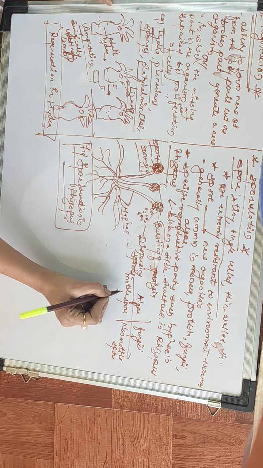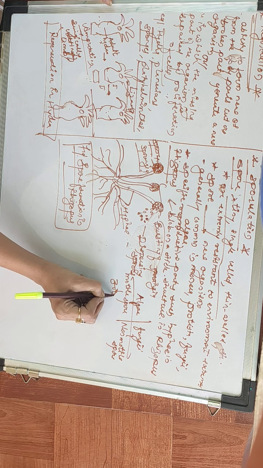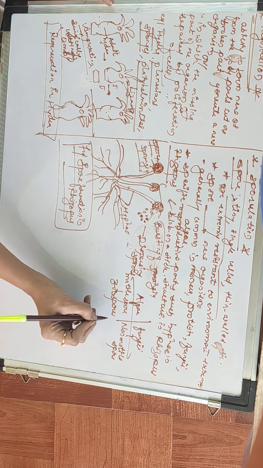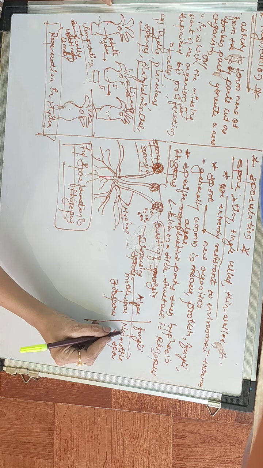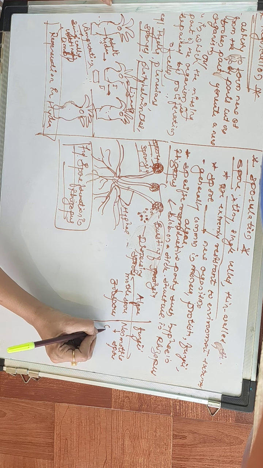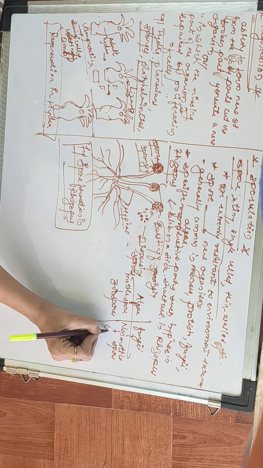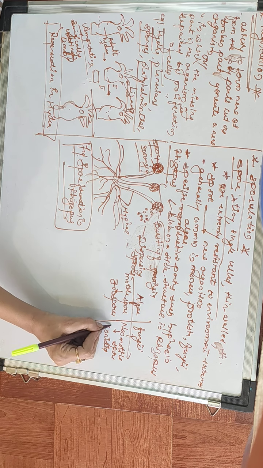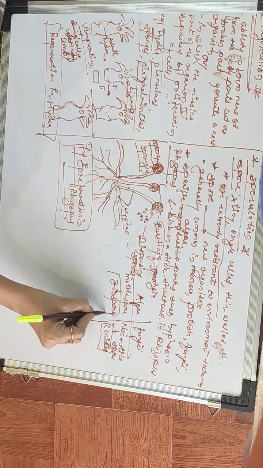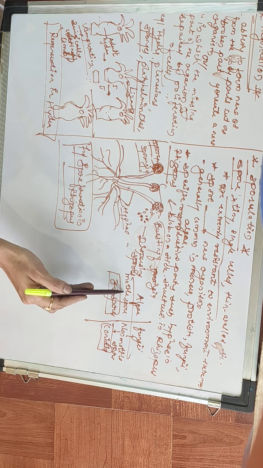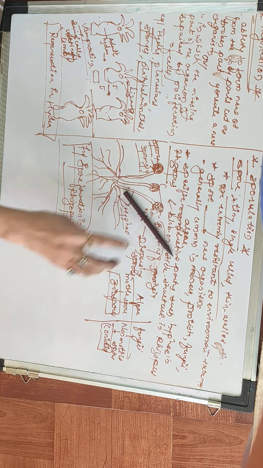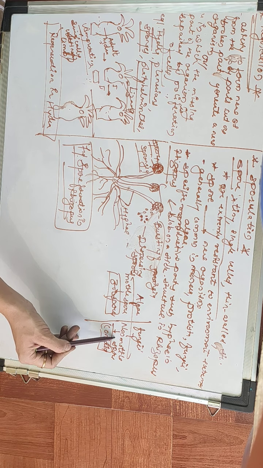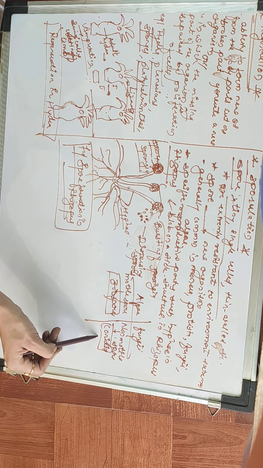The motile spore produced by algae is called a zoospore, and the non-motile spore produced by fungi is called a conidium. So algae produce motile spores, called zoospores, and fungi produce non-motile spores, called conidia.